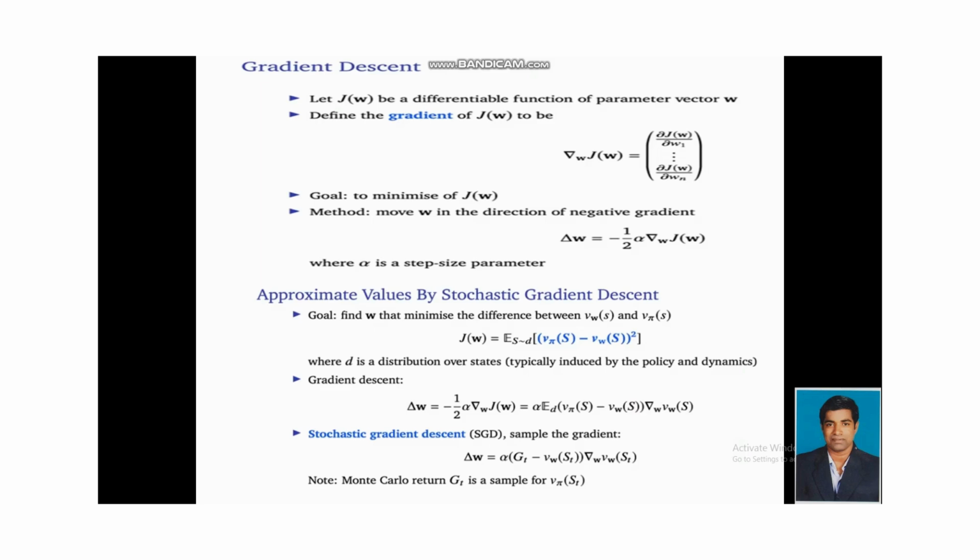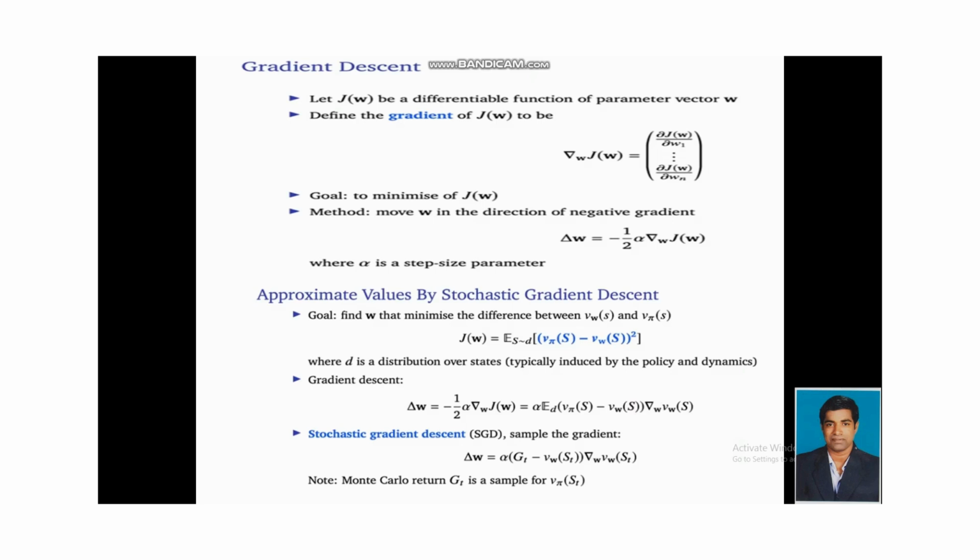Goal: minimize J of W. Method: move W in the direction of the negative gradient. Delta W is equal to minus half alpha gradient W of J of W, where alpha is the step size parameter.